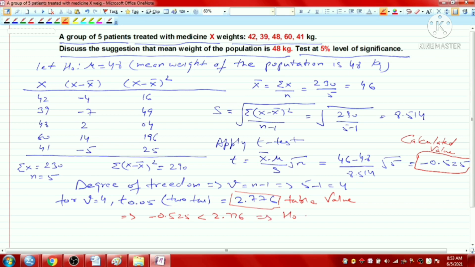Minus 0.525 is less than 2.776. Calculated value is less than table value, so we accept the null hypothesis. Therefore, the population mean weight is 48 kg.